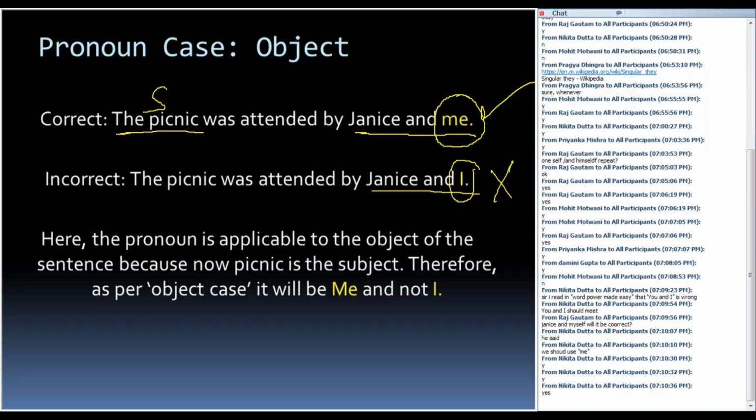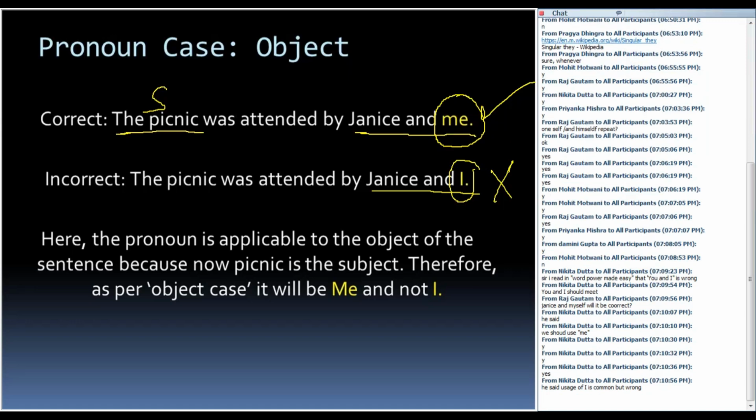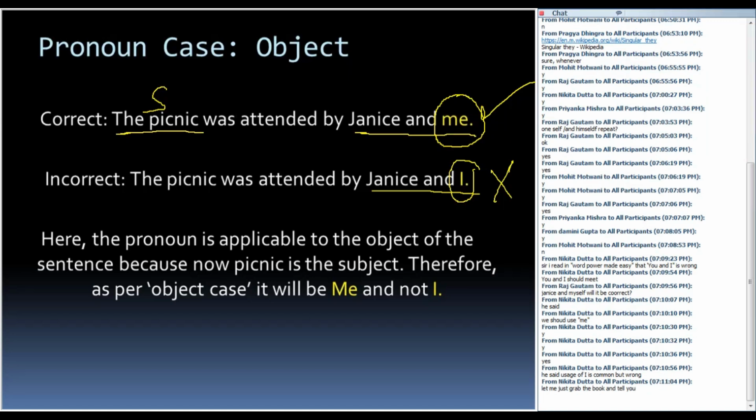No, I don't think so. Why? What is the logic? You and me should meet. Both are subjects. So how can I use me? Nikita is saying usage of I is common, but it is wrong. I don't really think that is correct because I is the subjective case.